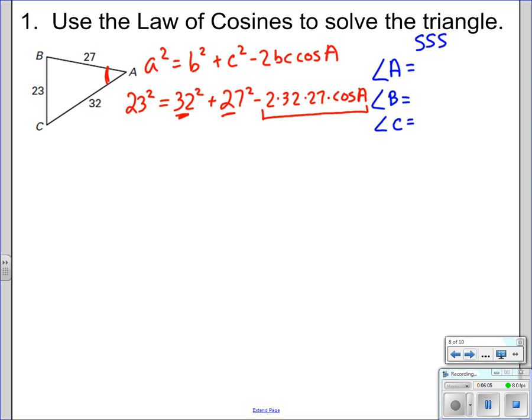So what I do is I subtract it over to the other side. I do 23 squared minus 32 squared minus 27 squared equals negative 2 times 32 times 27 times the cosine of angle A. Now grab your calculators so that we can find what that is.